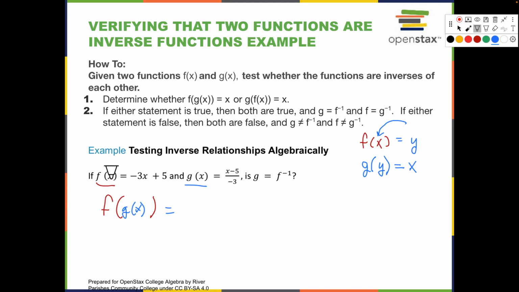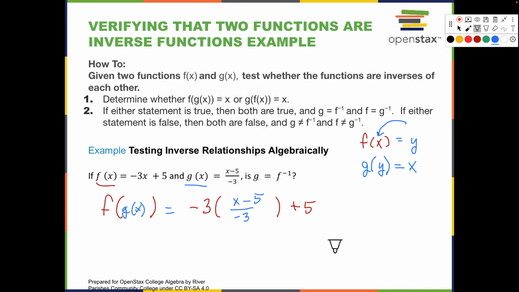So the composition of f, g getting into f, so what we do is we take the f function, -3x, and I put a big open parentheses because that's where g is going to go, plus 5. And what we're doing is we're plugging in the function g of x, which happens to be (x minus 5) over -3.